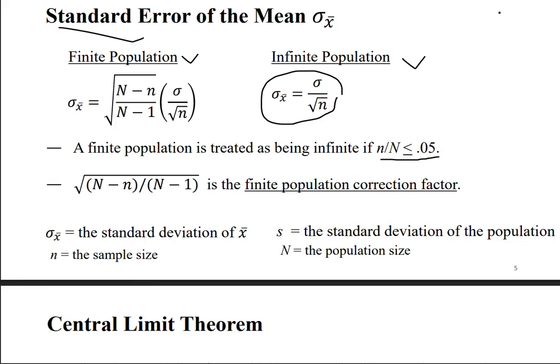So let's say I have a population of 1,000 people. That's a population size. We represent it as big N. And out of this population of 1,000 individuals, I choose a small sample of 100.